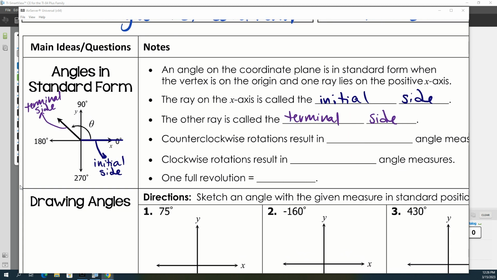And that always results in positive angle measures. But there are also negative angles. If we took that ray from the initial side and rotated it around in the clockwise direction, like that, that is going to be a negative angle measure.